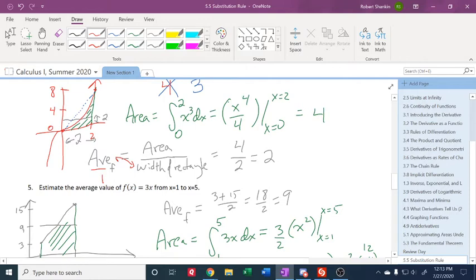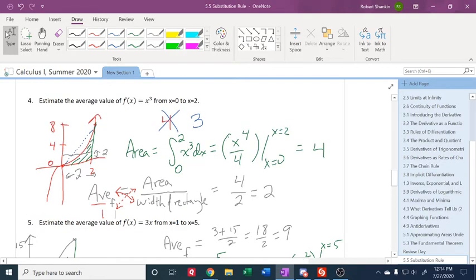These two multiplied together equal the same as these two multiplied together. The area is the average height of the function times the width of the rectangle. And I can easily estimate an average height by just looking at a function.